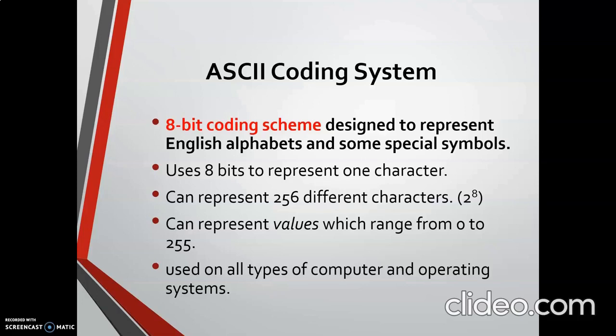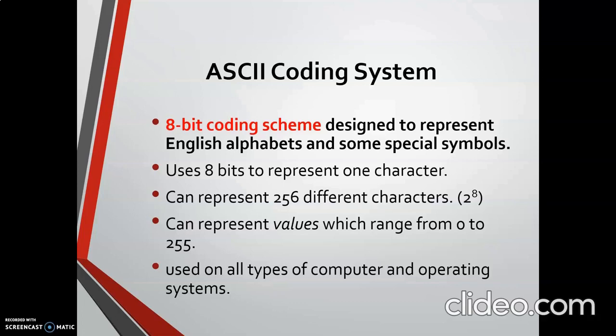From 0 0 0 0 to 1 1 1 1, we are going to have 256 different combinations. Since we have 256 different combinations, ASCII is going to represent 256 different characters. That is what it means by it can represent 256 different characters.